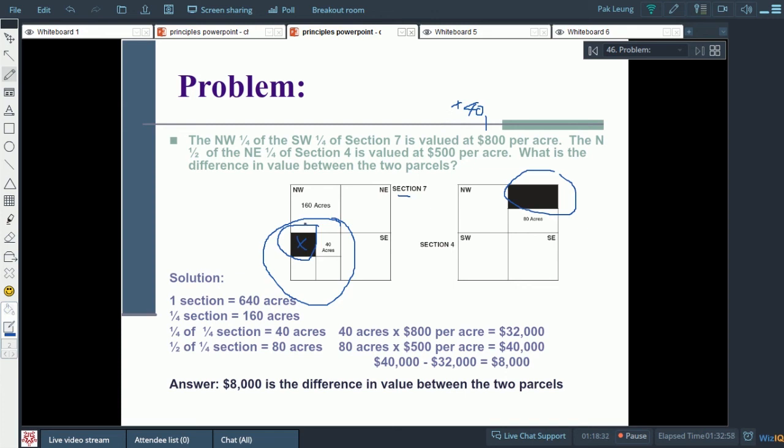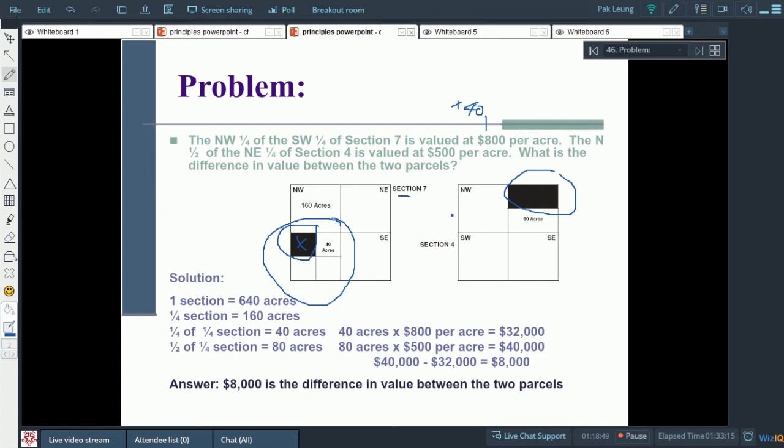西南边就是这一块。And then they say the northwest quarter, which is this one here, right? Is $800 per acre. And you can see it's 40 acres, right?